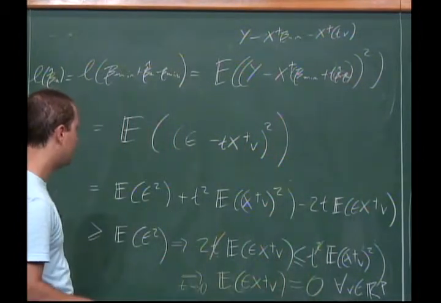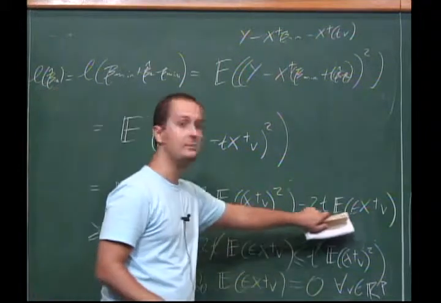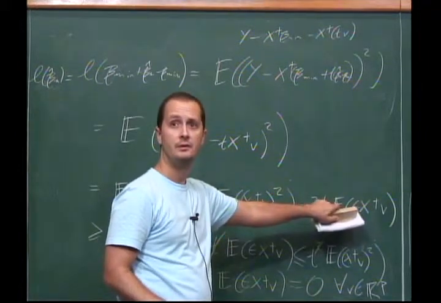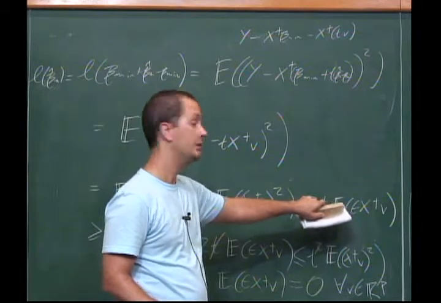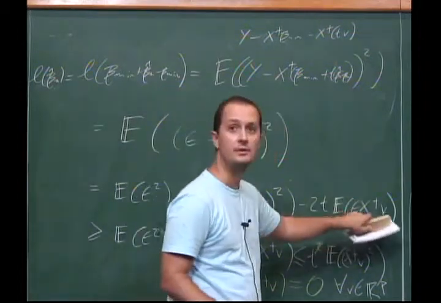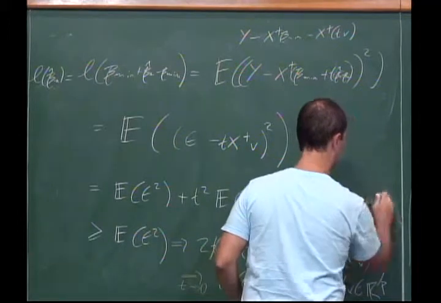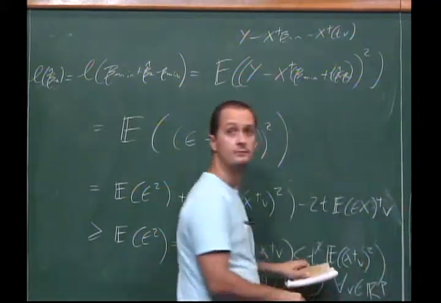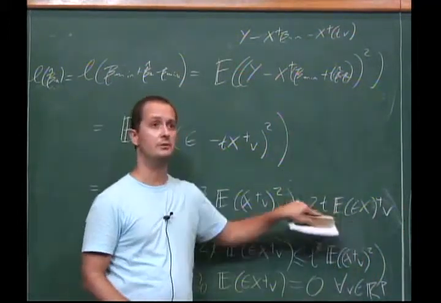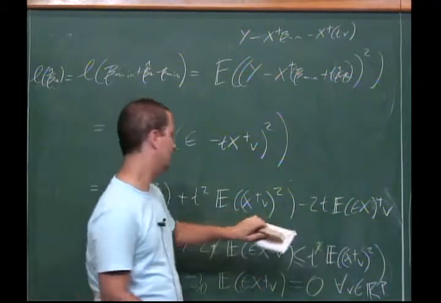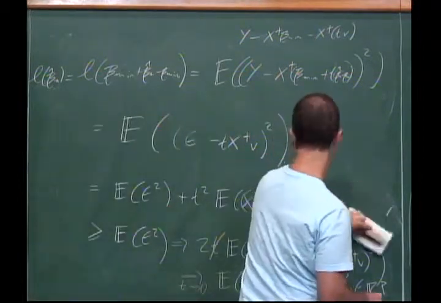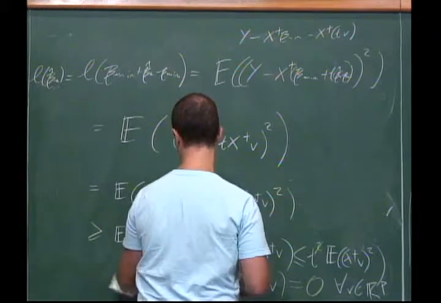Well, what you're going to get from this, we know already that this term is 0 here, right? We proved that this vector here is 0. We proved that you can even move this outside. And we know that this is going to be 0. Right? And there's no t now.